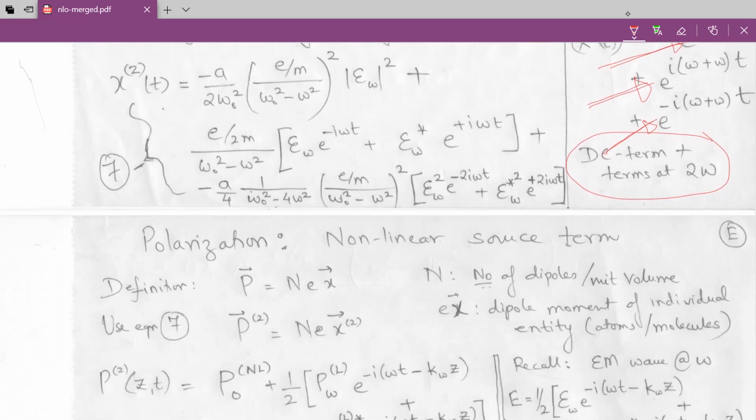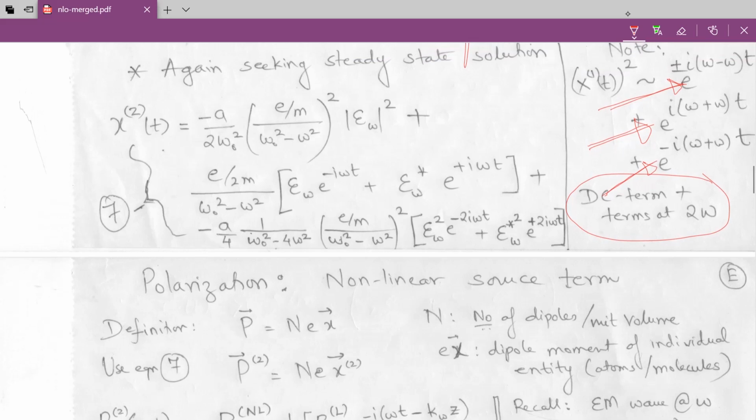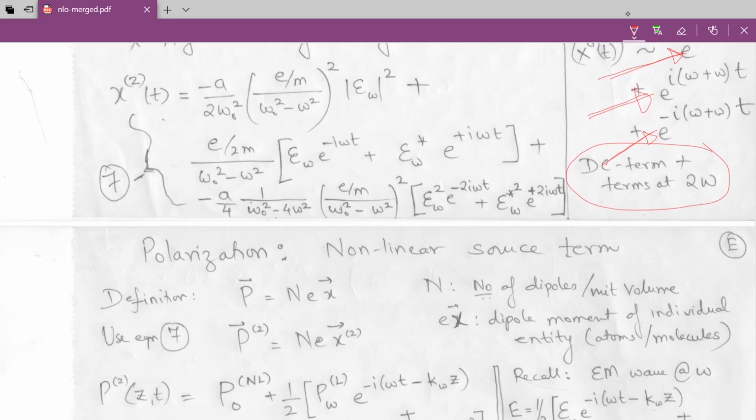So what is the nonlinear solution? It has got a DC term. You've got a response which is DC, which basically depends on the intensity of the light. Remember that this is omega square. And again, important to note that the value of this DC term actually depends on whether omega is close to the natural frequency or not.